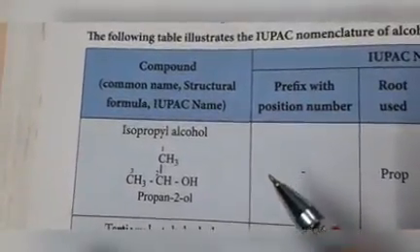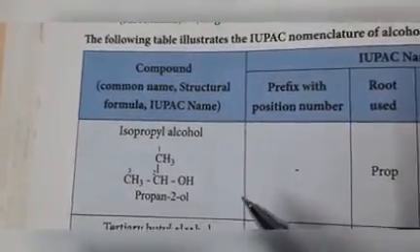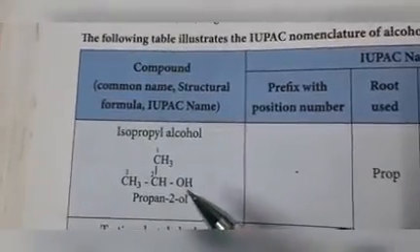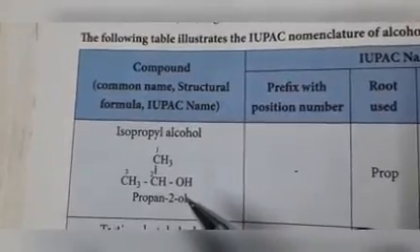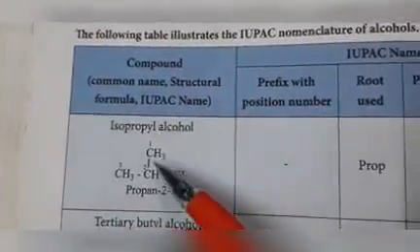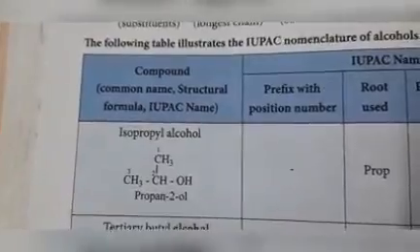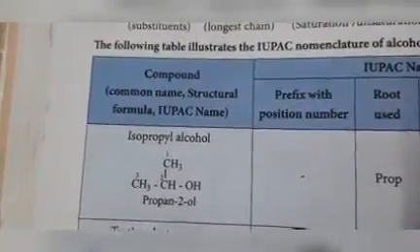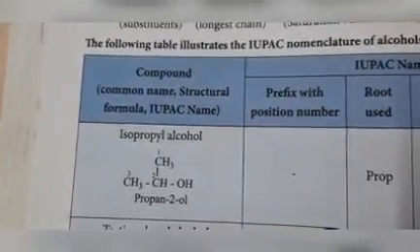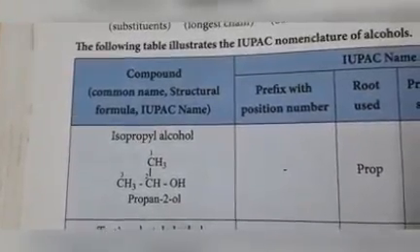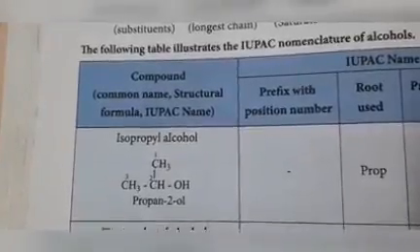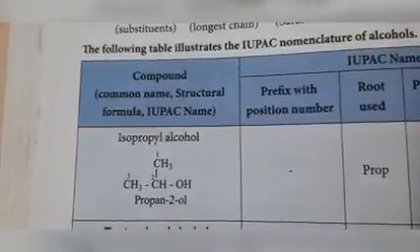If anyone asks for the name of an OH containing compound, first find the long chain. Here the long chain contains 3 carbons. If you know the number of carbons, you know the root word: 3 carbons means prop, and the corresponding alkane name is propane.